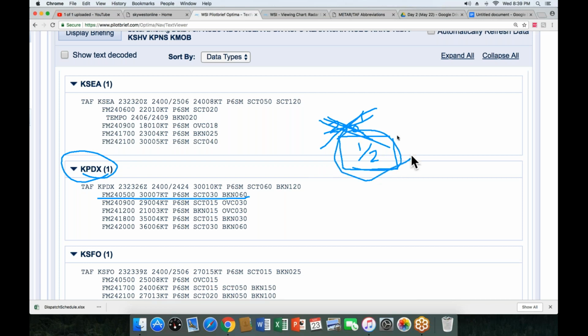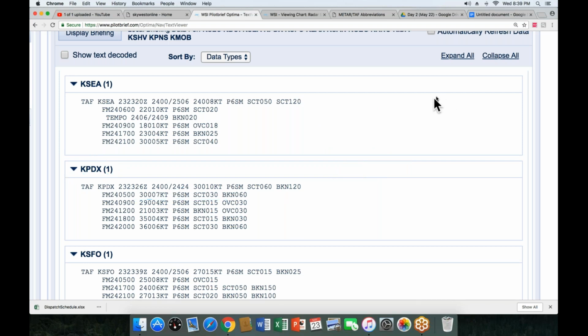We look at the visibility here. If it is above a half mile visibility in the TAF, then we're legal to dispatch at our ETA. That's the only thing we consider when we're looking at our TAF: do they expect us to have at least a half mile visibility? Yep, greater than 6 miles of visibility, we're legal to dispatch.